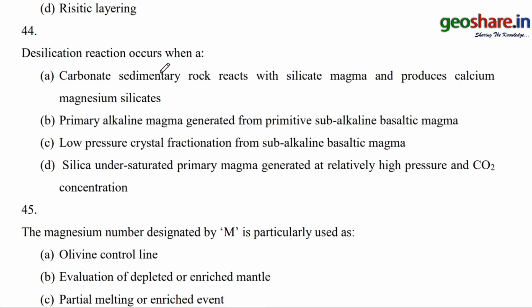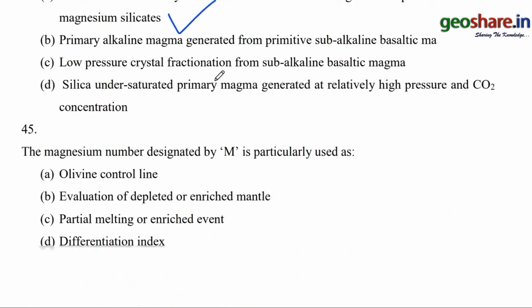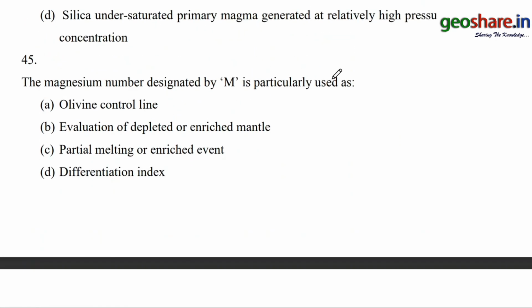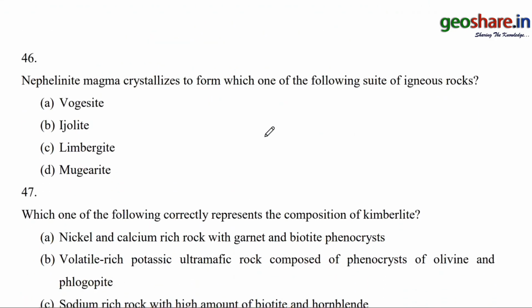Assimilation reaction occurs when a carbonate sedimentary rock reacts with silicate magma and produces calcium magnesium silicates. The magnesium number, designated by M, is particularly used as a differentiation index.